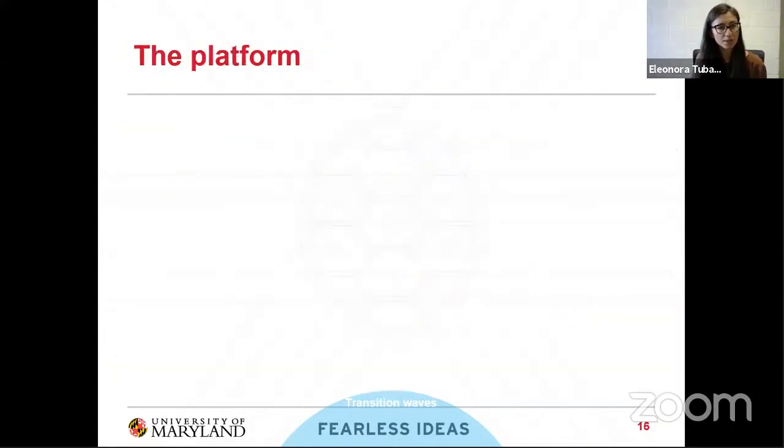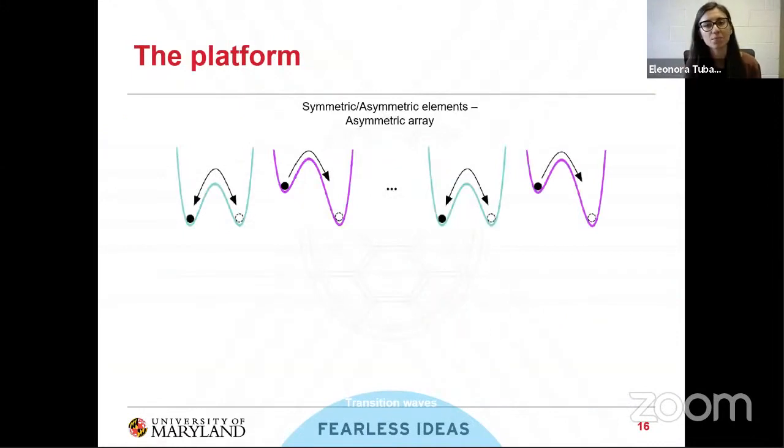Another interesting arrangement that we can play with is alternating symmetric and asymmetric elements within this array. Since the arch is a very simple element and can be patterned very easily, we can think of having a bistable element with symmetric energy wells and then a bistable element with asymmetric energy wells.